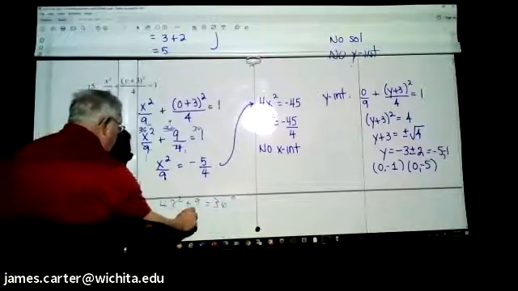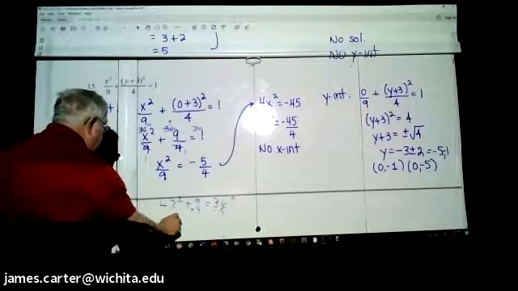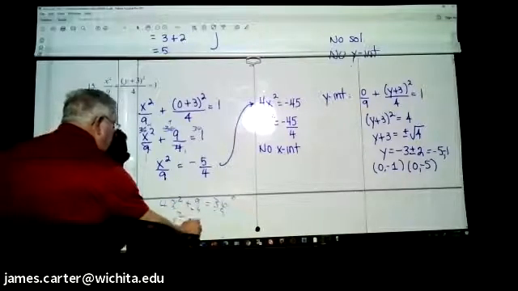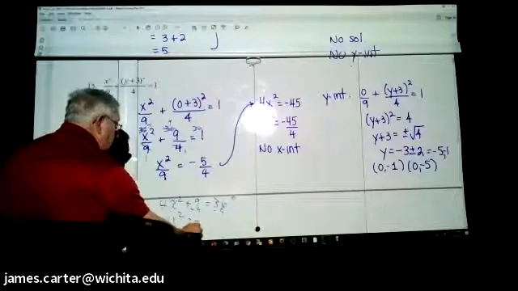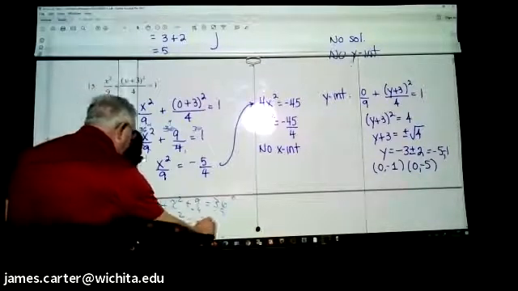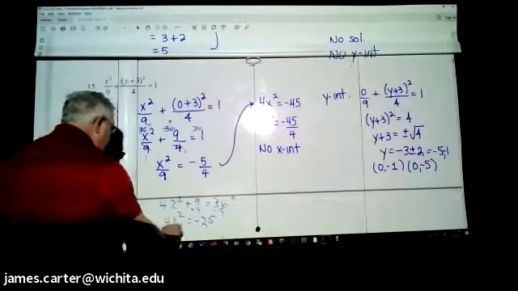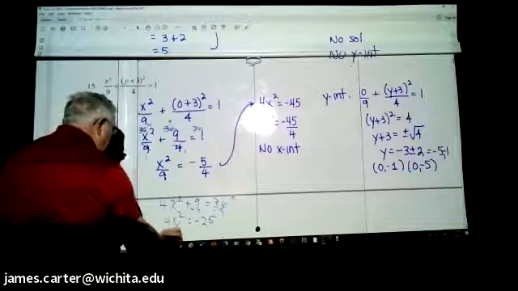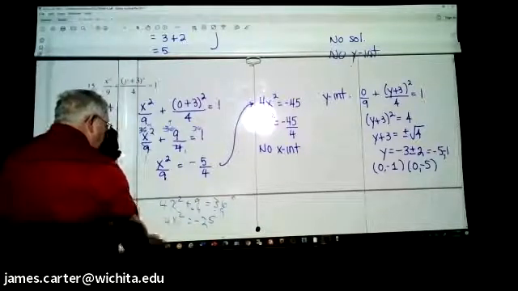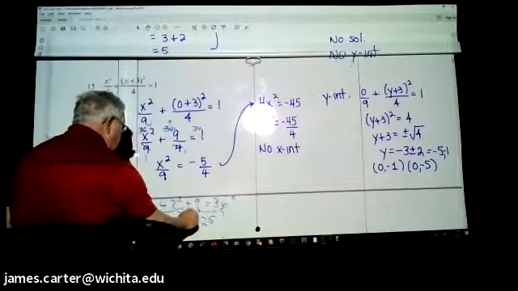Okay. Minus 9, 4x squared equals negative 25. Okay, so divide both sides by 4. Well, at this point, I'd probably take the square root of both sides, plus or minus.